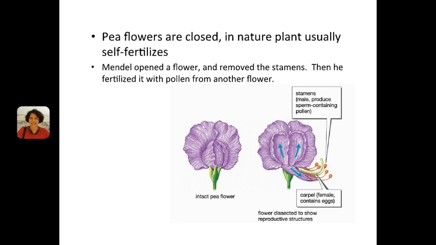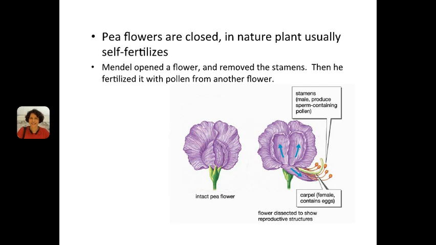But with Mendel's pea plants, as you can see here, the flower is closed, and at the time when the pollen is going to pollinate and meet the stigma, the flower is completely closed, so they tend to fertilize themselves.